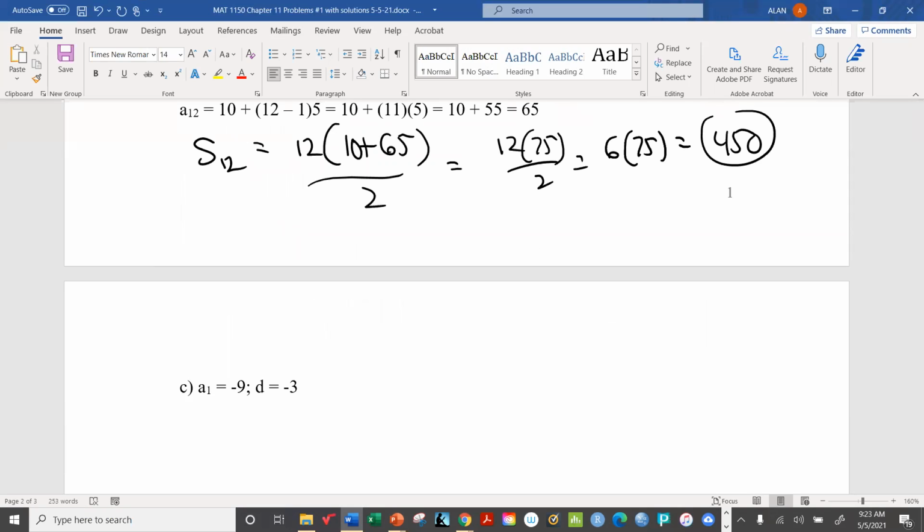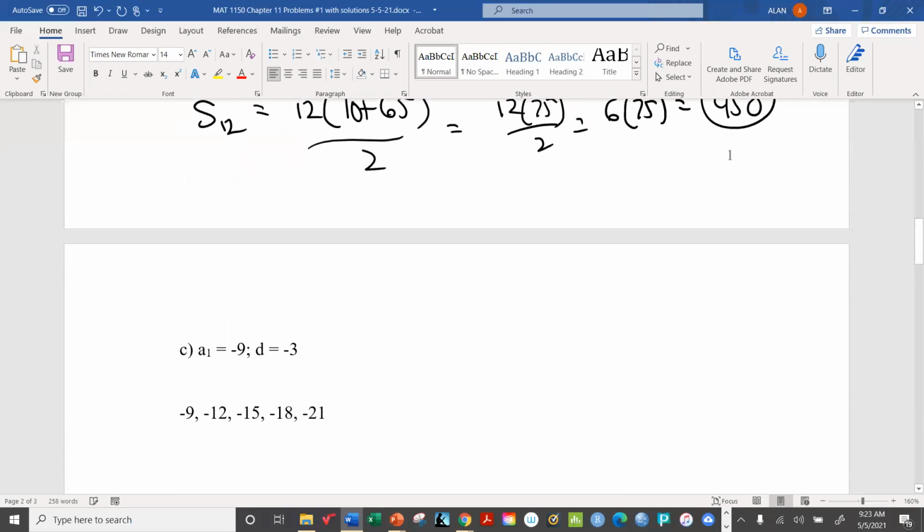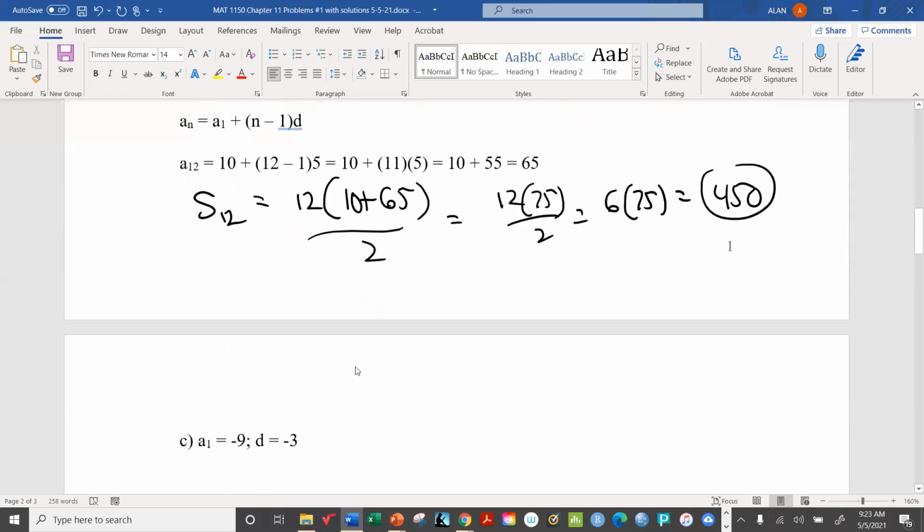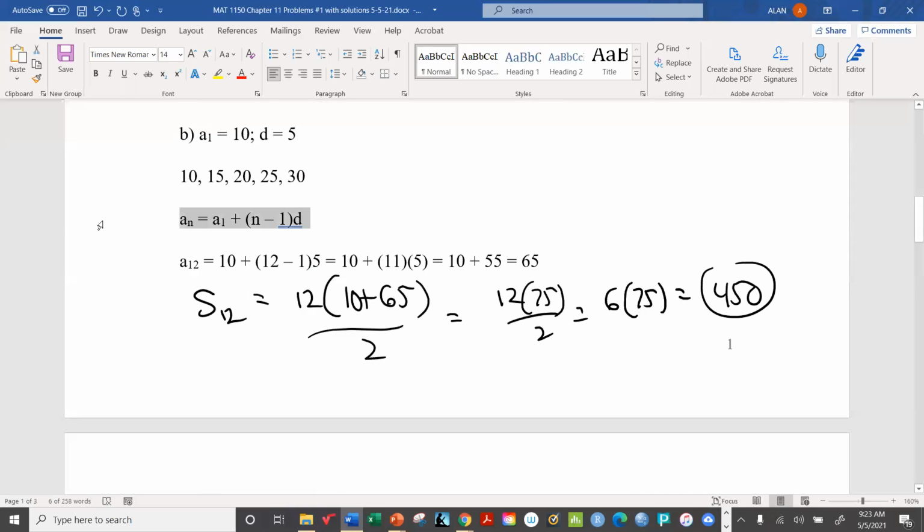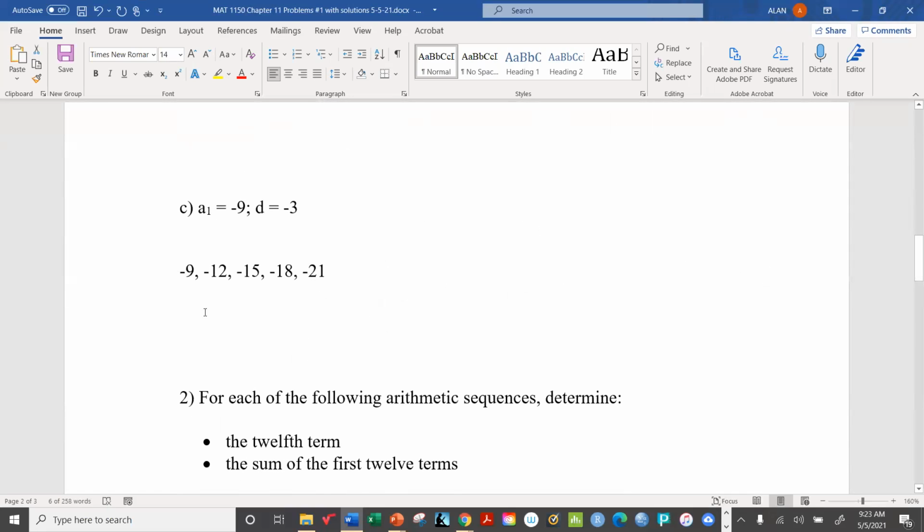So what are we doing here? We've got a sequence that starts with -9, and it keeps becoming more negative. Okay, so those are my first 5 terms. And I'd like to find the 12th term based on this formula.